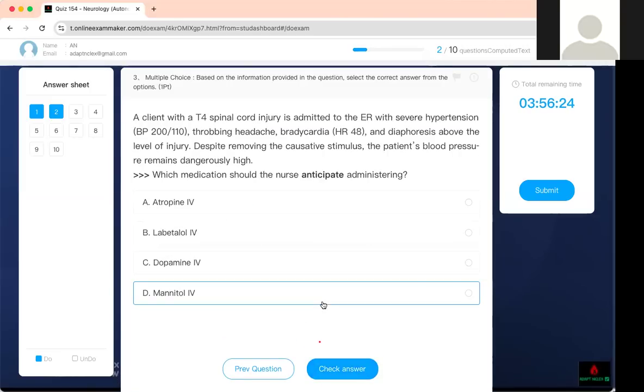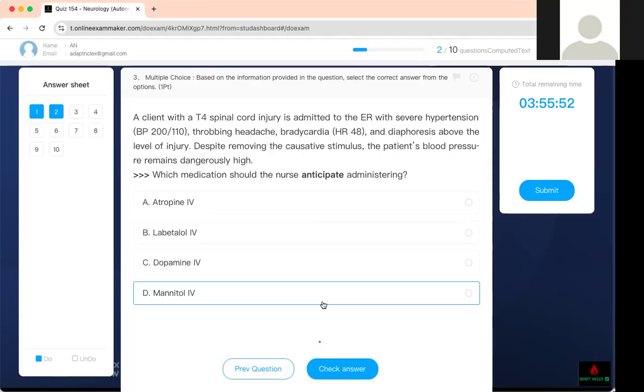Which medication should the nurse anticipate? A client with T4 spinal cord injury is admitted to the emergency room with severe hypertension, throbbing headache, and bradycardia. This is like Cushing phenomenon. It's like an ICP issue. And diaphoresis because of the autonomic effect. Your nerves are trying to figure out whether to secrete sweat above the level of the injury, not below the level of the injury, always above.